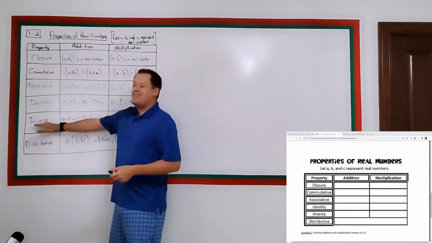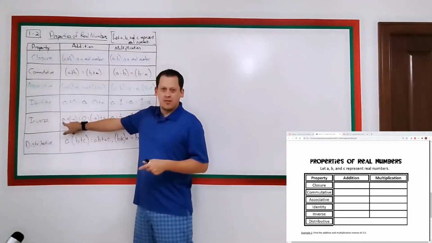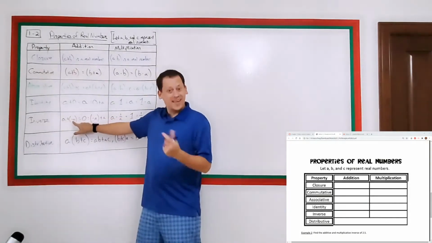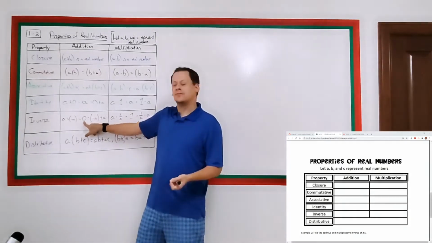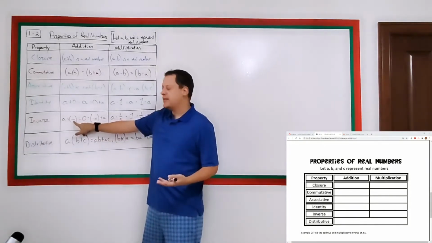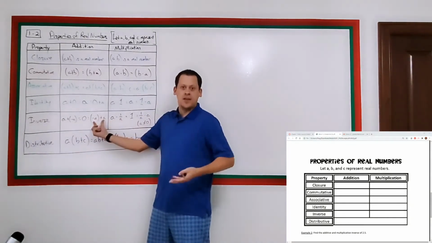Next property is inverse. So this is if you have a number, you have to add it to its opposite or inverse value to get 0. Okay? So starting at any number, if you add it to its opposite, you get 0. And again, you could do negative a plus a.